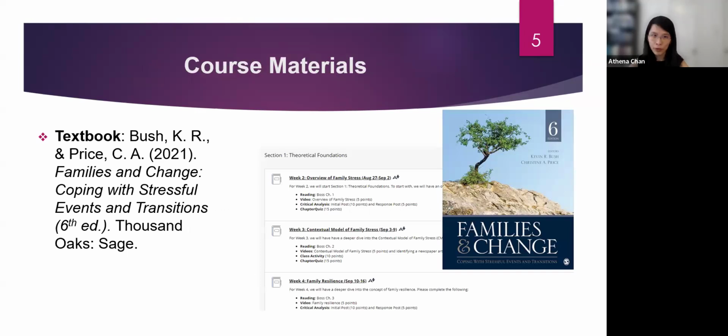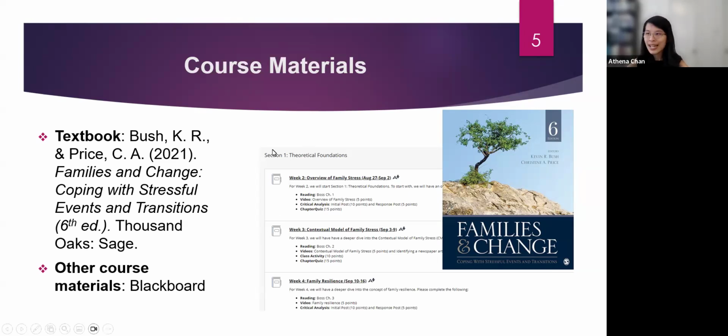So these are the course materials. You are required to get a copy, either the hard copy or ebook, of this textbook, Families in Change, Coping with Stressful Events and Transition, the 6th edition, as shown here on this blue textbook. Other reading materials and course materials are posted in Blackboard, as shown here.